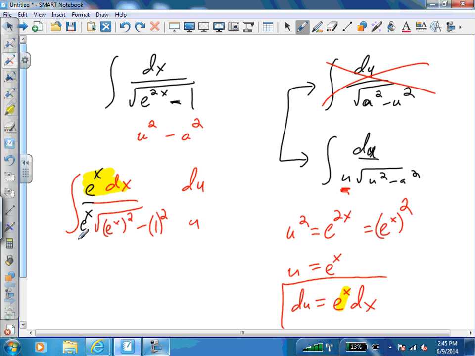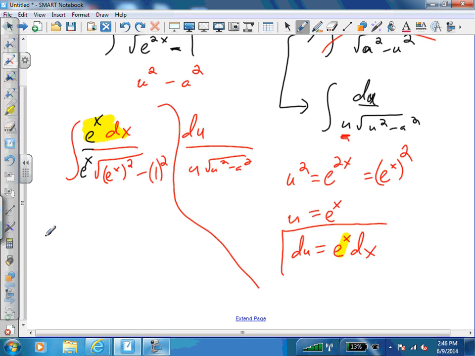This is u square root of u squared minus a squared, which integrates into 1 over a arc secant absolute value of u over a plus c. So 1 over 1 arc secant absolute value of u, plus c.